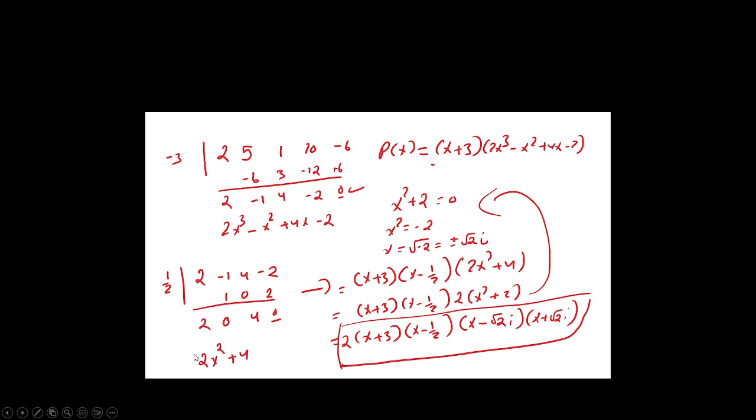Well, to factor this out, I'm going to have to use this. Set it equal to 0, x equals plus or minus square root of 2i. So 2 times x plus 3, x minus 1 half, that's my zeros, x minus square root of 2i, x plus square root of 2i.